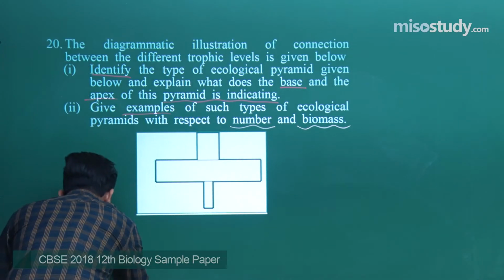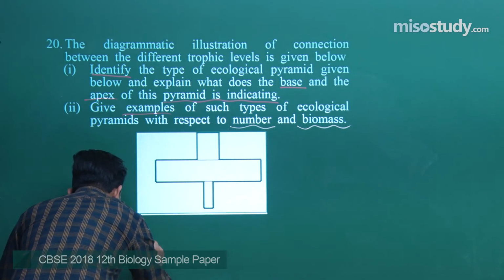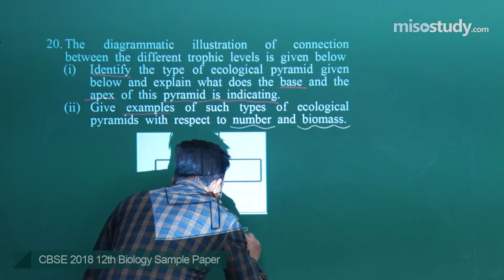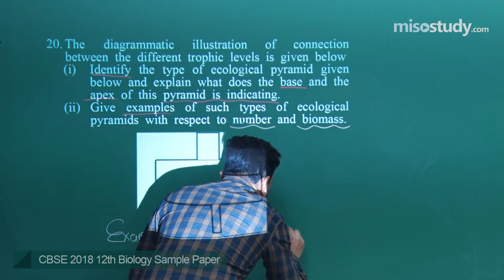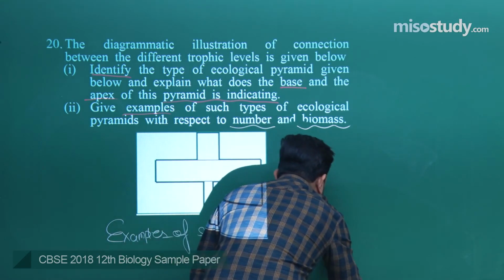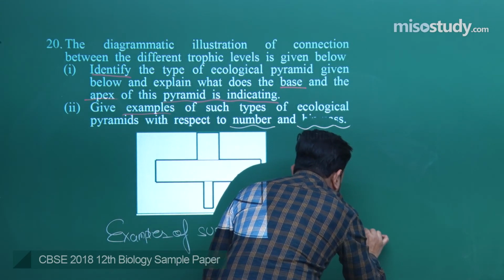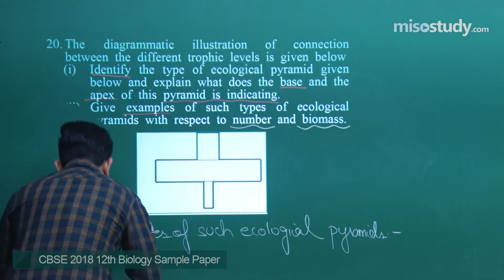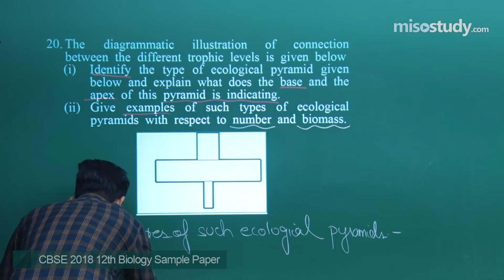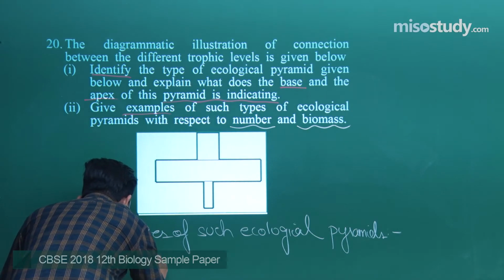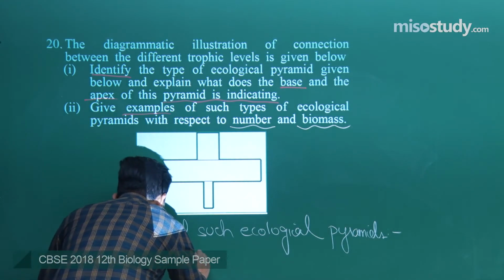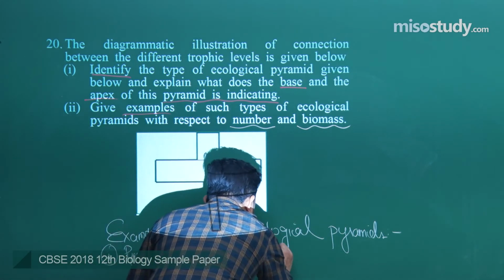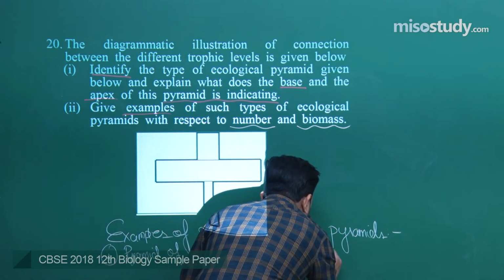The examples of such ecological pyramids with respect to number: pyramid of number in a tree ecosystem.